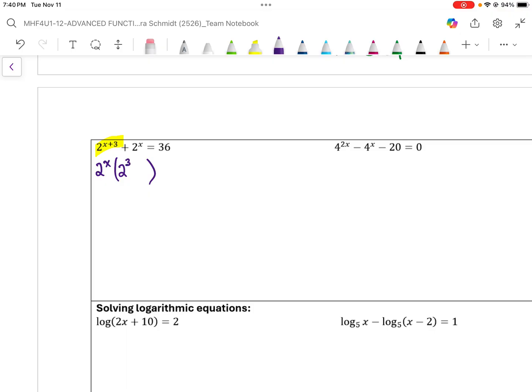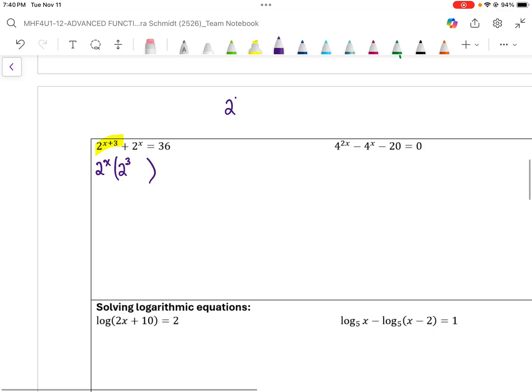Which might seem weird, but if you think about exponent laws, 2 to the power of x times 2 to the power of 3, when we multiply things with the same base, we add their exponents together. So we can see that 2 to the power of x times 2 to the power of 3 would actually be equal to 2 to the power of x plus 3. So that checks out. Plus, then we have to divide it by 2 to the power of x.